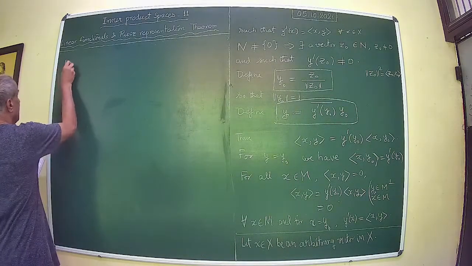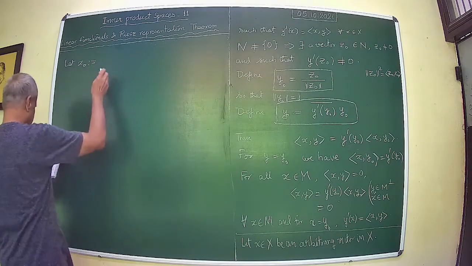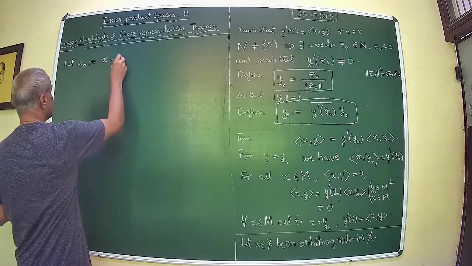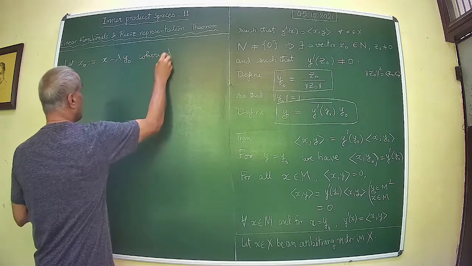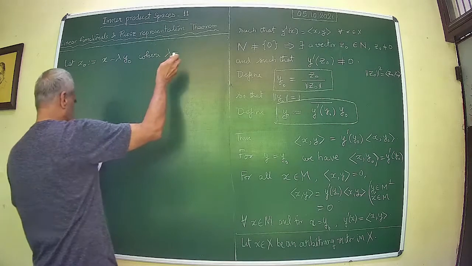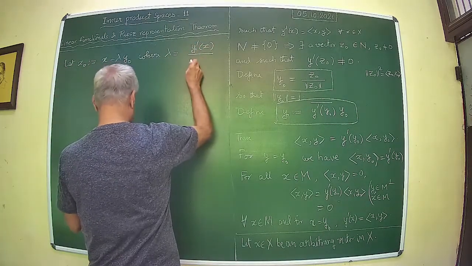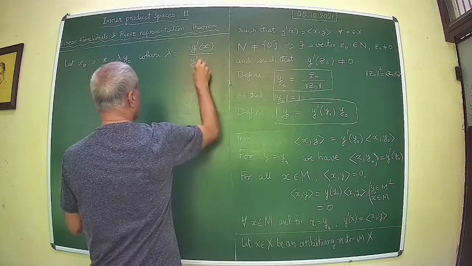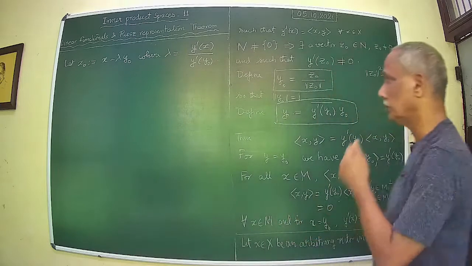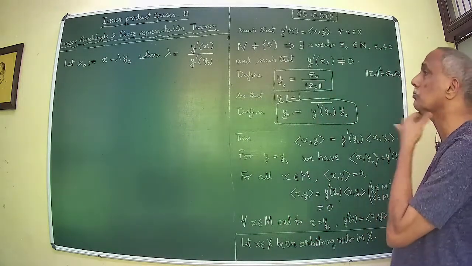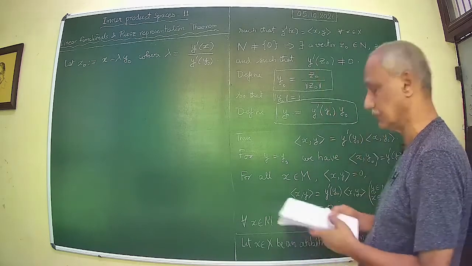We define, let x naught be defined as, where lambda equal to, so for each x we are defining this way.